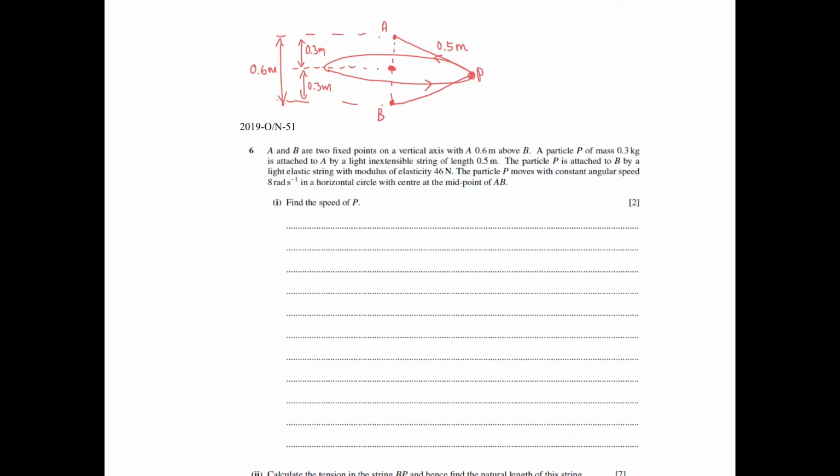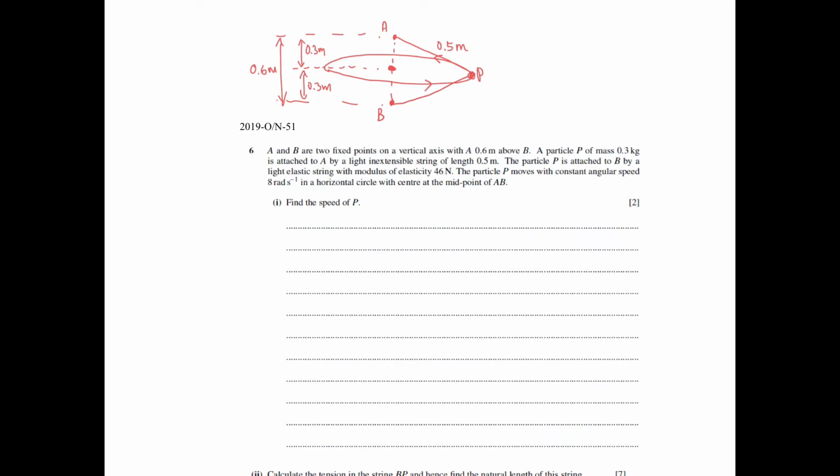So this is the elastic string. For this elastic string, they just give us the modulus of elasticity. They don't give us the original length or the natural length. We can easily imagine, because the center of the circle is the midpoint, that this length is also 0.5 meter.